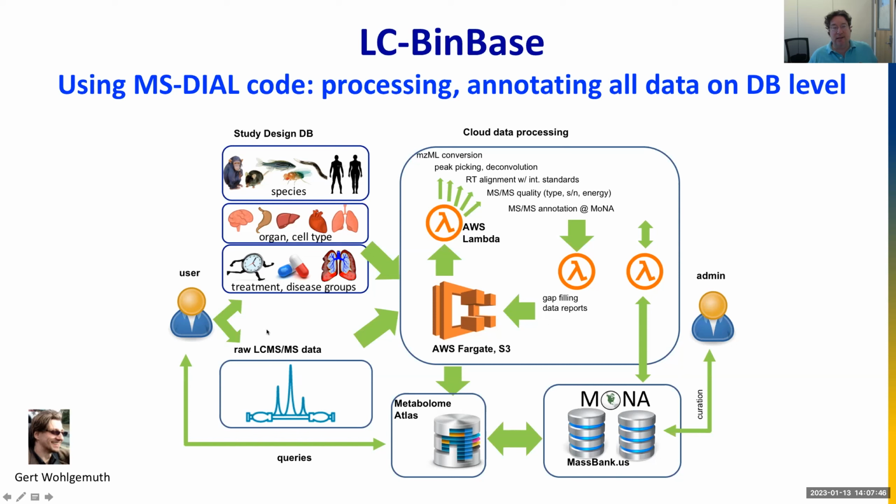The study design database tells us, for each study, what are the species studied, what are the organs and cell types studied, and for both of those, taxonomies are available that directly put these types of information into the right buckets.